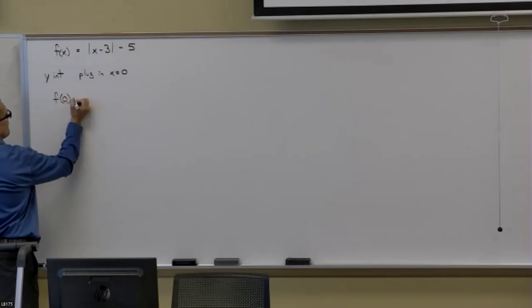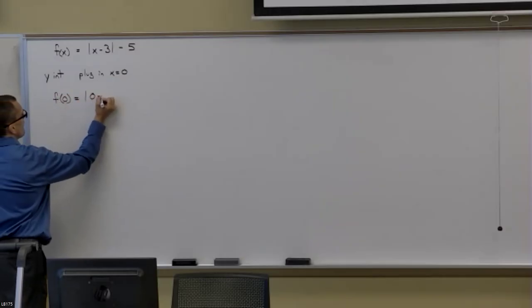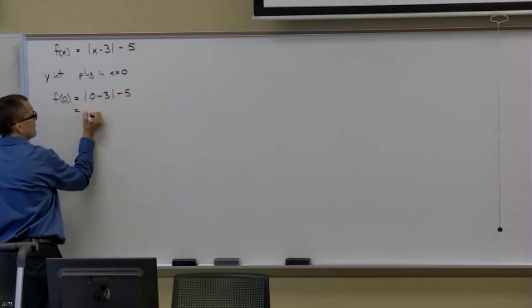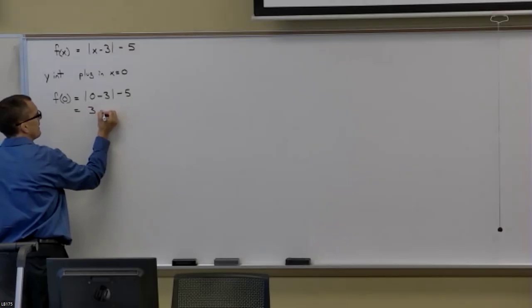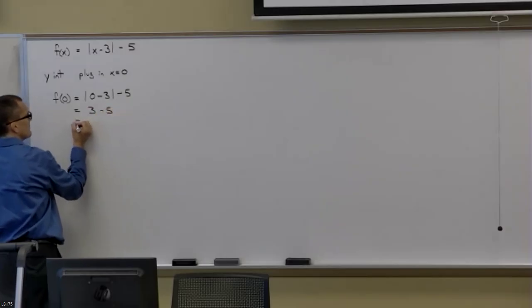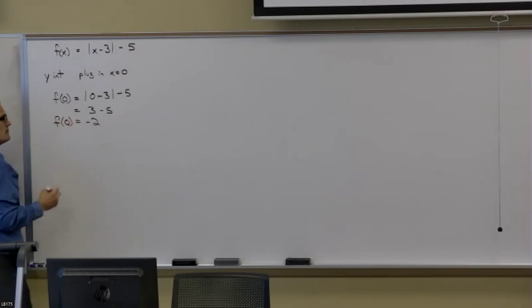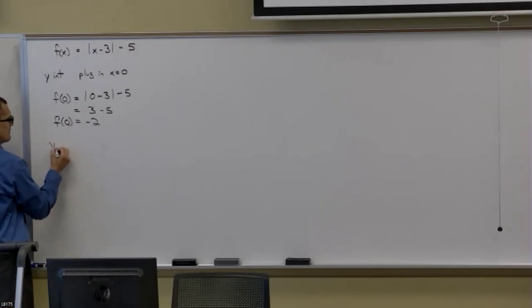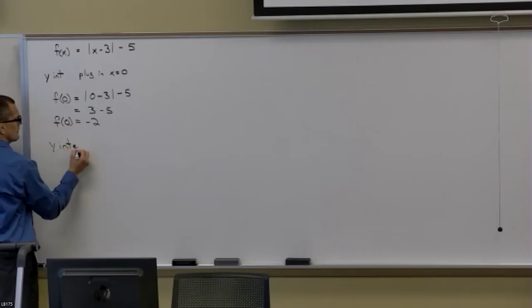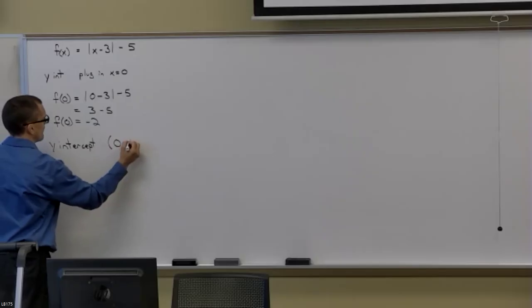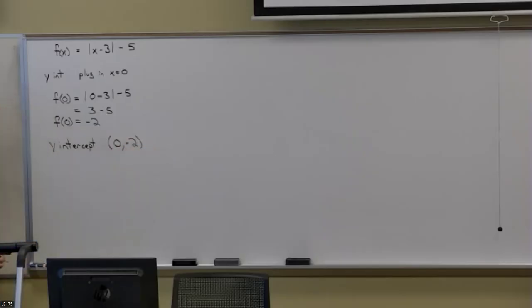So plug in 0 into the function. 0 minus 3 minus 5 becomes a positive 3 minus 5, which is a negative 2. So plugging in 0 gives me out a negative 2. That means the y-intercept is the point 0, negative 2.